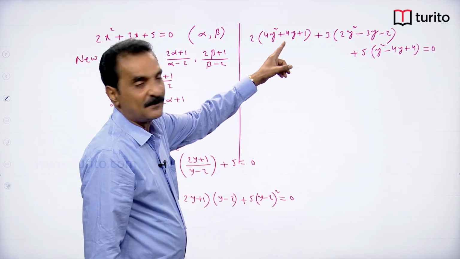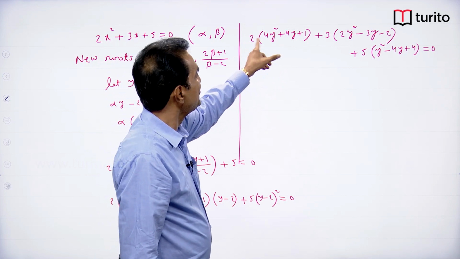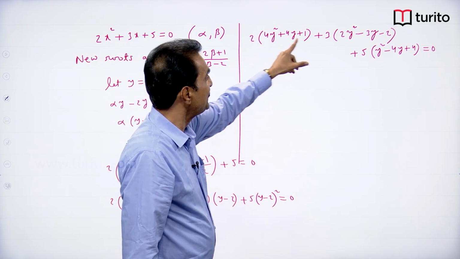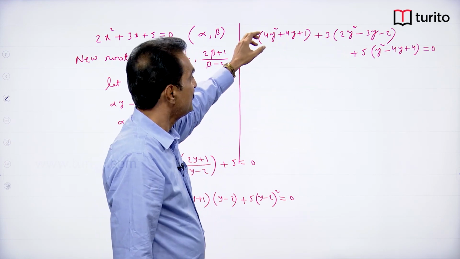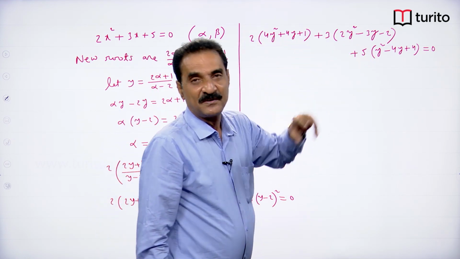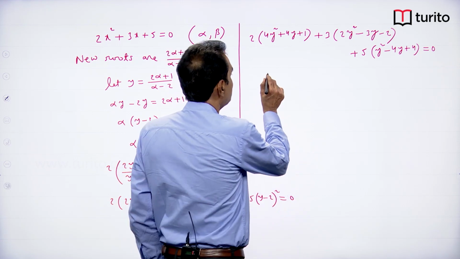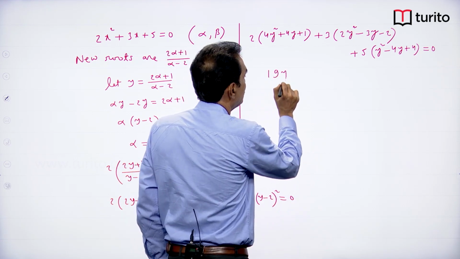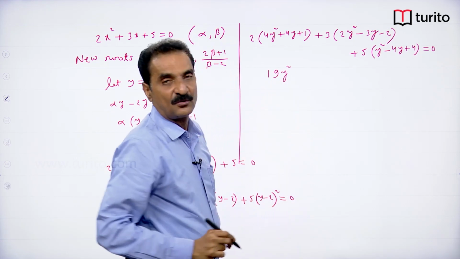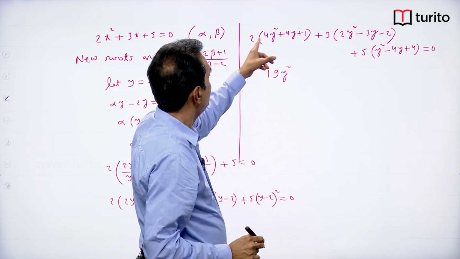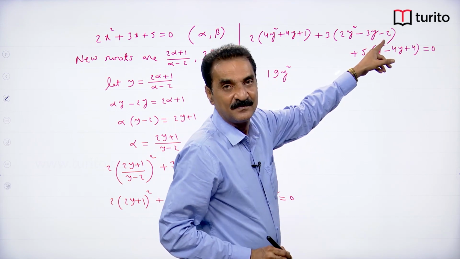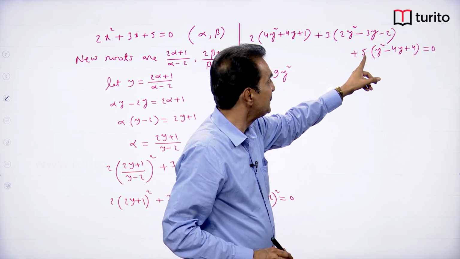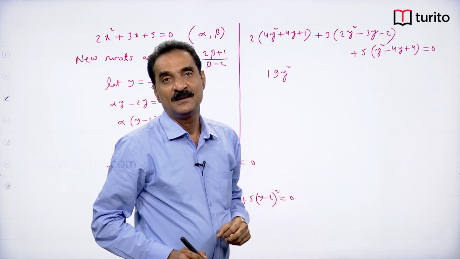First collect the terms of y square. 8y square here, 2 into 4, 8, 8y square here plus 6y square. 8 plus 6, 14 plus 5y square. 14 plus 5, 19y square. Next, coefficient of y. Here 2 4s are 8y, here minus 9y. 8y minus 9y, here minus 20y.